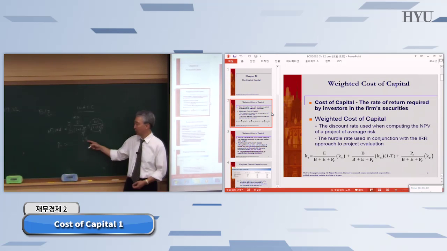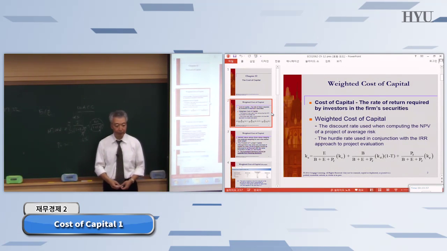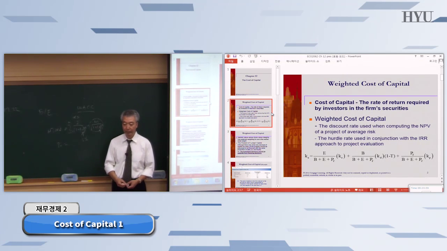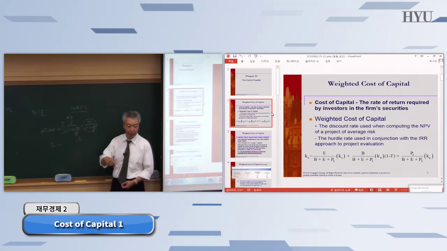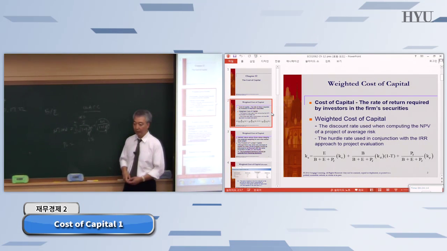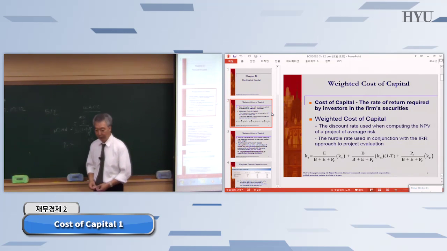If this is greater than the cost of capital, the cost of money you use, or basically the market interest rate. That was the idea, right? If IRR, the rate of return, is greater than the cost you pay, that means you're making profit. If the cost is 7%, and you are earning only 6% return, obviously you should not accept that project. That makes sense, right? Okay?